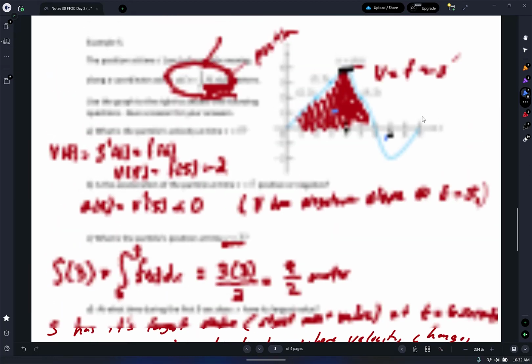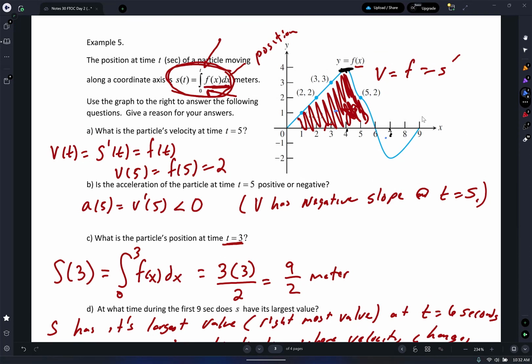So you know how it's asking for t equals 9, and we're saying it's to the right because this area is greater. It doesn't matter which t value, it would always be to the right, because the area between 0 and 6 has a larger magnitude than the area between 6 and 9.